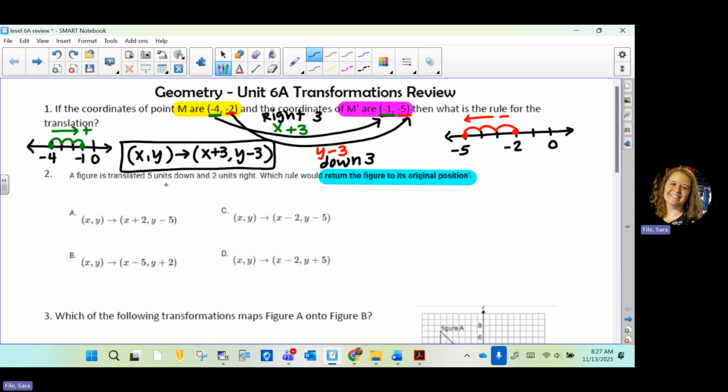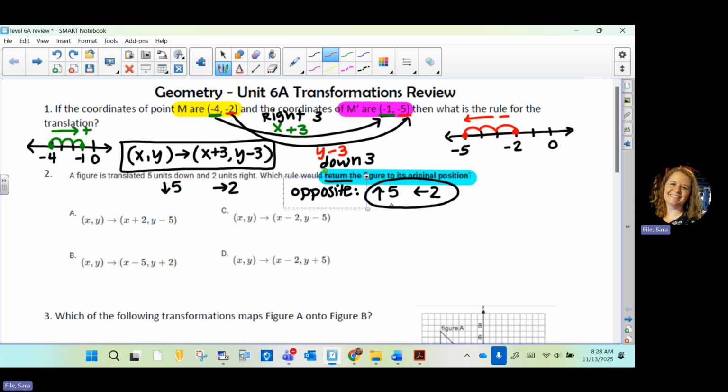Okay, so 5 down and 2 right, what is going to be the opposite of that? Up 5, left 2. So that is the rule that we need to pick here. So up 5, is that your X or your Y going up?